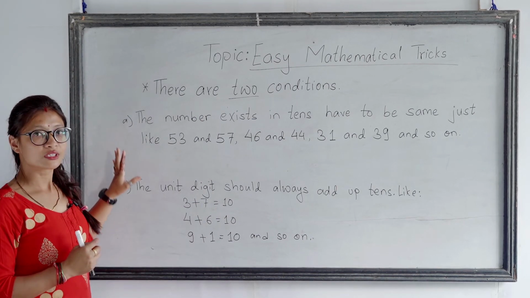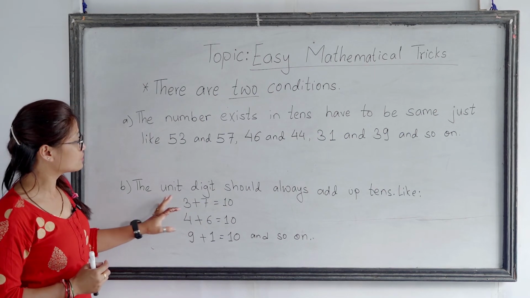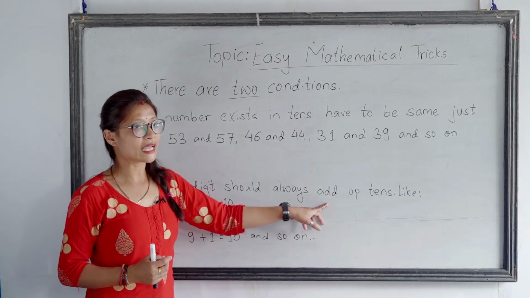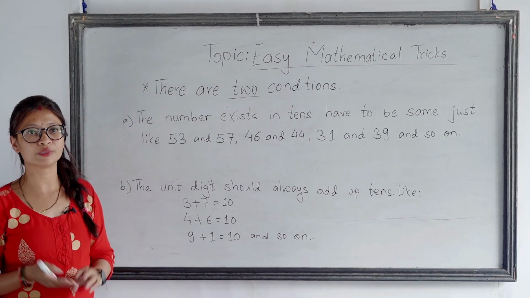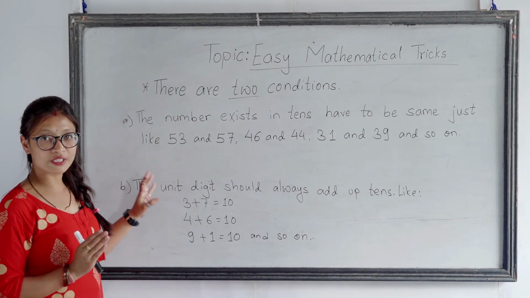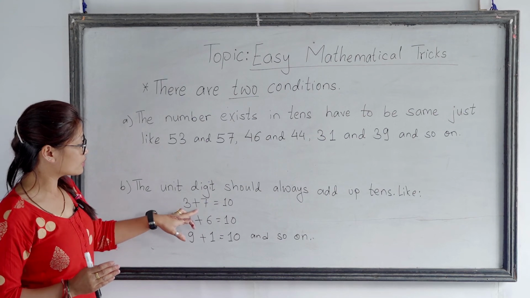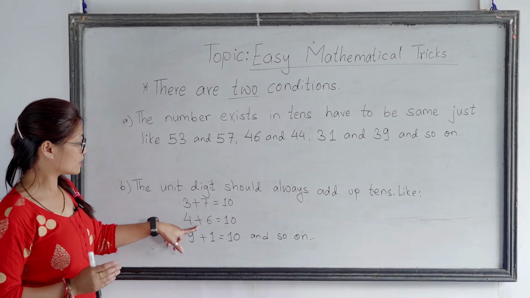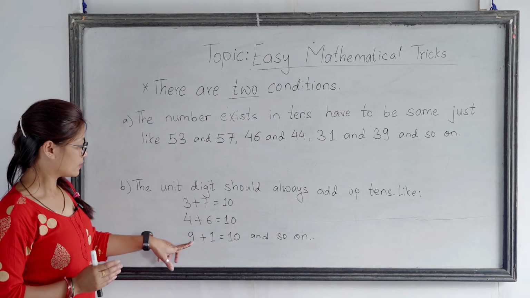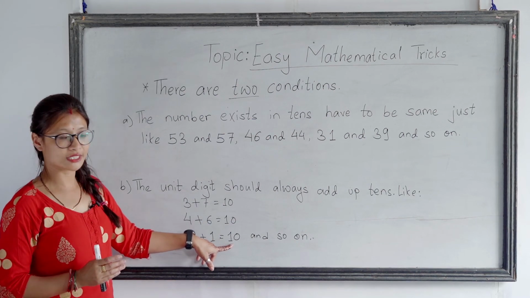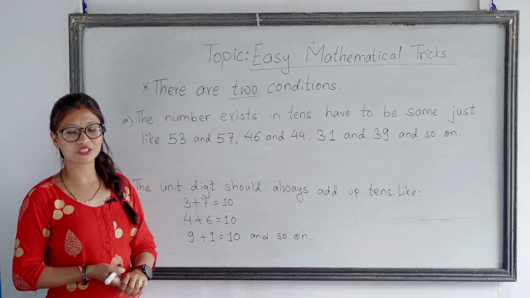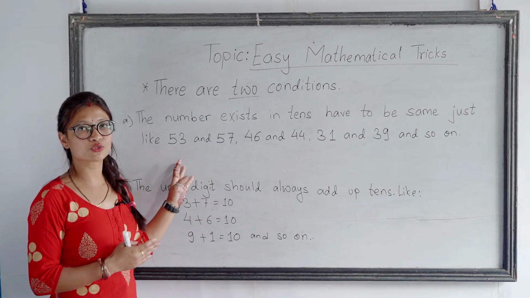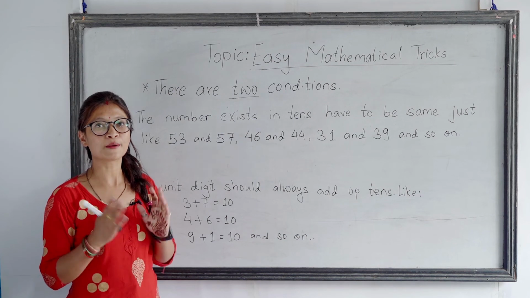Now the second condition is the unit digits should always add up to ten. In the previous examples you can see 3 plus 7 will be 10, 4 plus 6 equals 10, 9 plus 1 equals 10 and so on. So when those two conditions are satisfied, these tricks will work like magic.